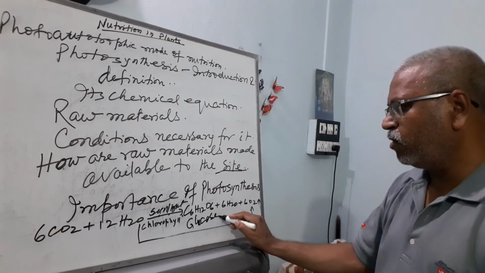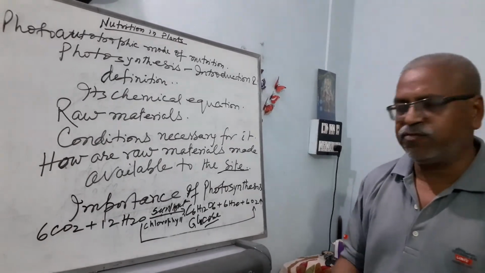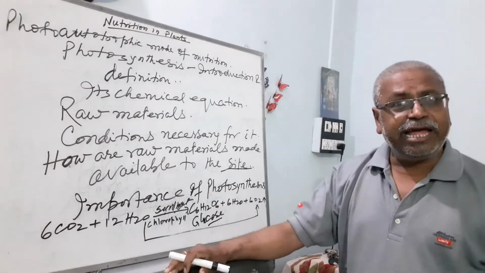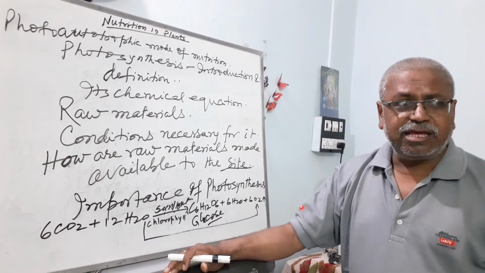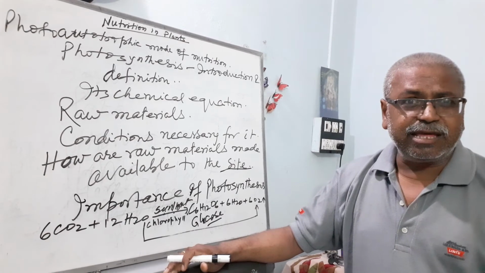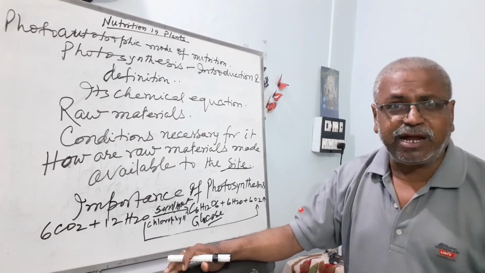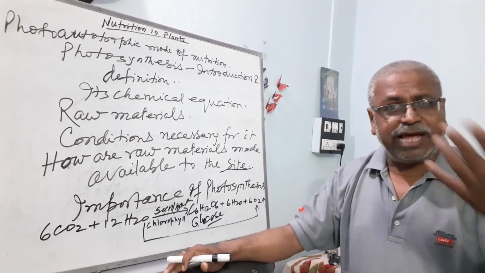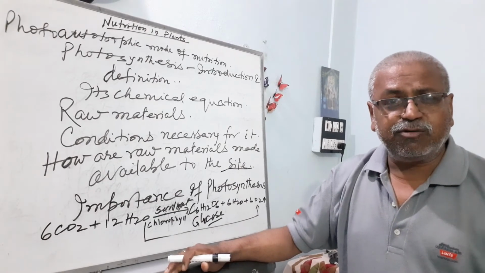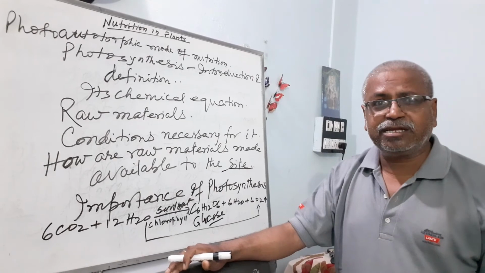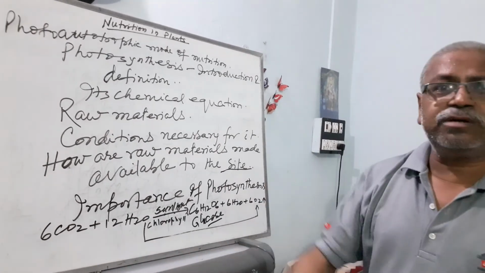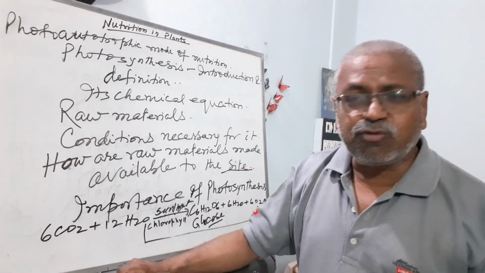Second importance is the formation of glucose. And third, extra glucose stored makes the biomass of the plant, which is utilized as wood, or if it is buried inside the earth, it is transformed into coal.